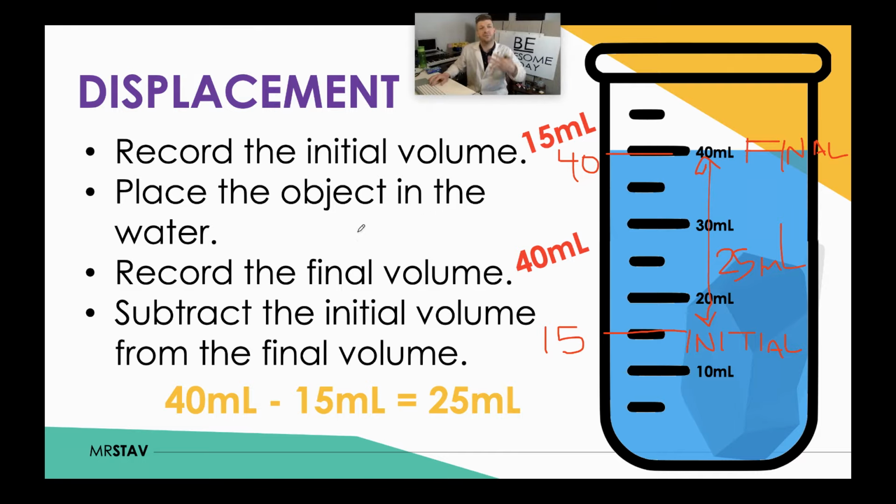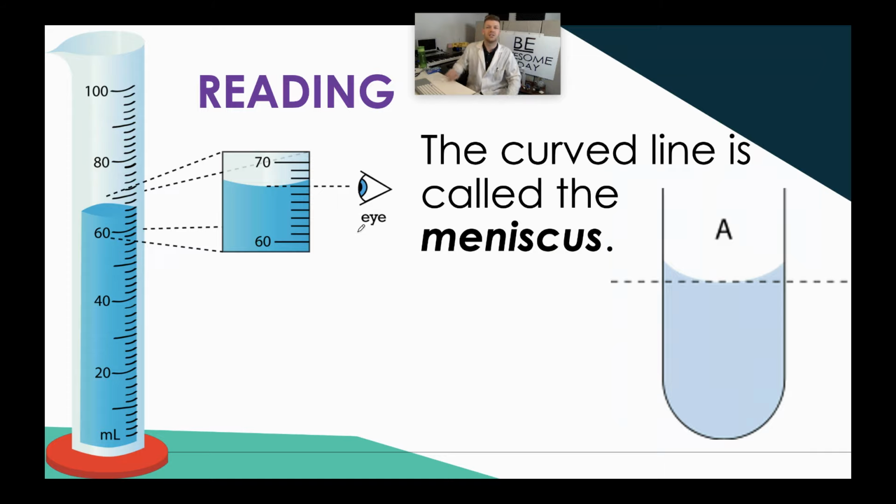And the third method is called reading. Not like read a book. This is like get a reading, and essentially we kind of did that by reading the numbers on here.